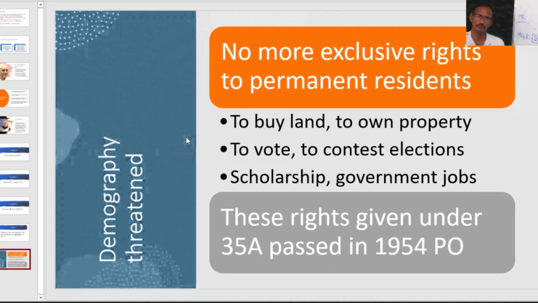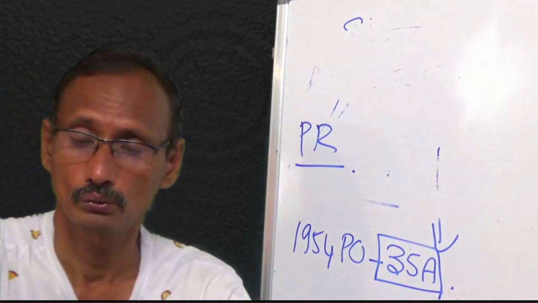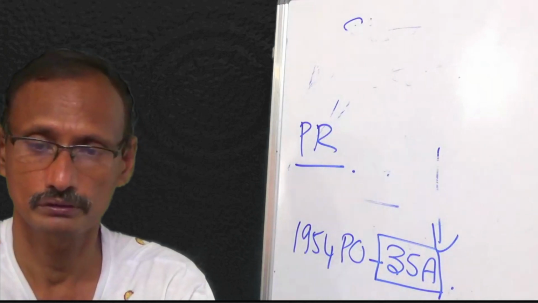There is no concept of permanent resident. So it is not that the state became a union territory, but the rights taken away from those who are regarded as residents of Jammu and Kashmir is a very sweeping provision, where its demography is under threat, which means its identity is under threat. So this is a very, very sweeping provision.